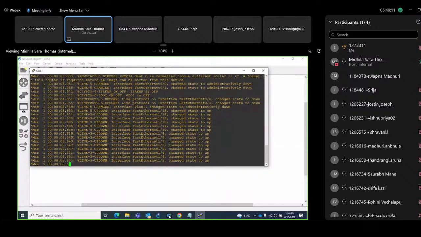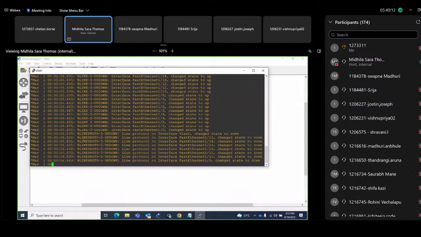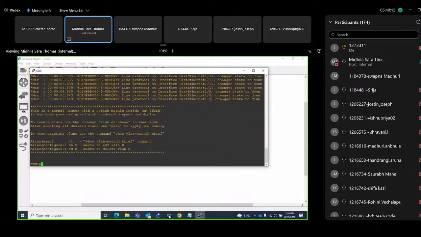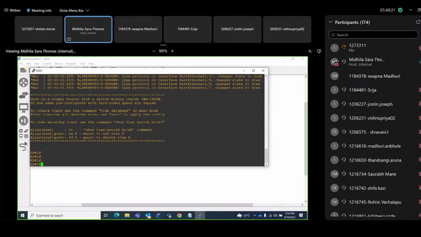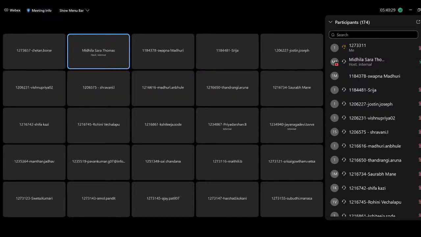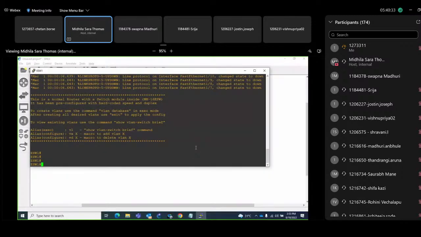You know the user mode, privilege mode, global configuration mode, specific configuration mode and all, right? Do you want me to teach it? No, right? You know all those things, isn't it? Fine. Okay, the console is blurry. Wait.